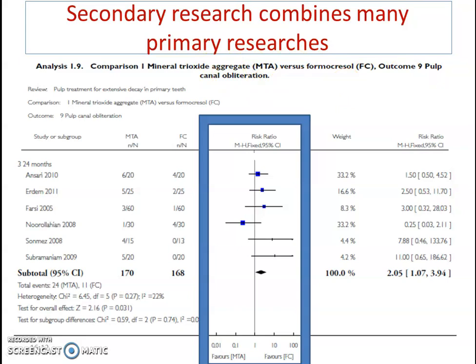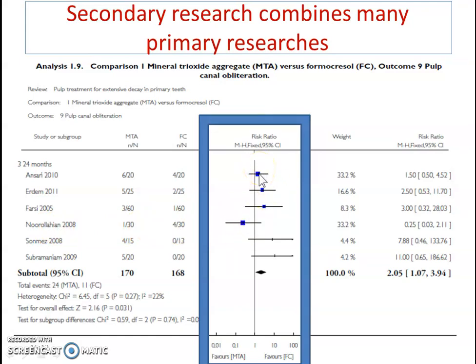Don't worry too much about this diagram, but basically you see where the dot is. In this first study, Ansari 2010, the study was favoring formocresol, whereas in this study, this research was favoring MTA.